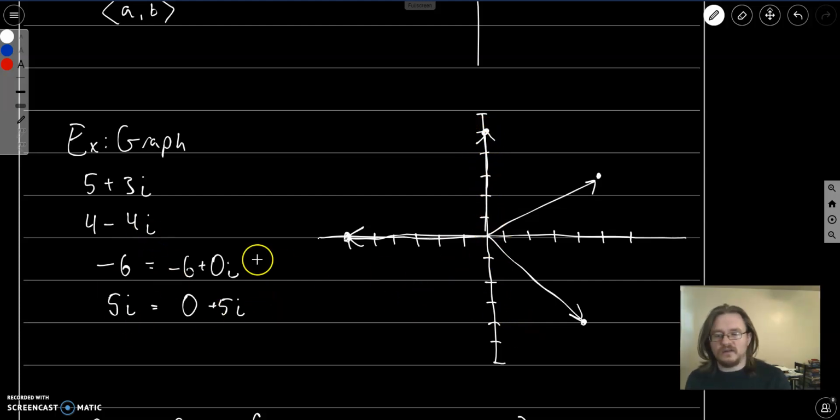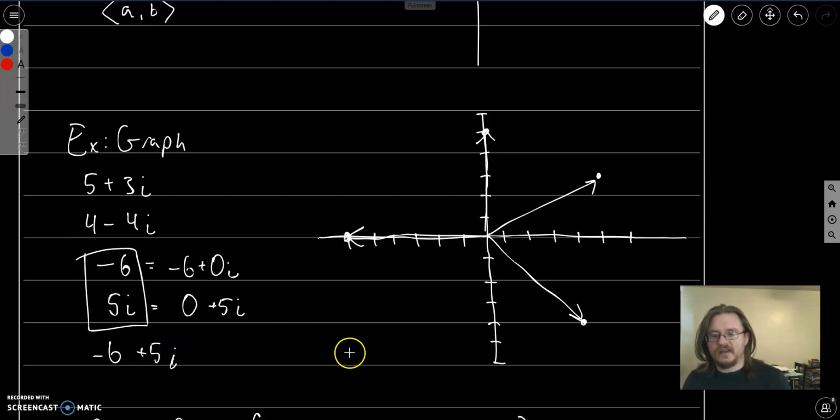So we can graph all of these vectors and everything, and we can think of these things in terms of vectors as well. So when I add complex numbers, it's the same process of adding vectors. So for instance, if I were to add these guys together, if I think about these as vectors, if I think about negative 6 plus 5i, well, when I add vectors together, I draw my parallelogram.